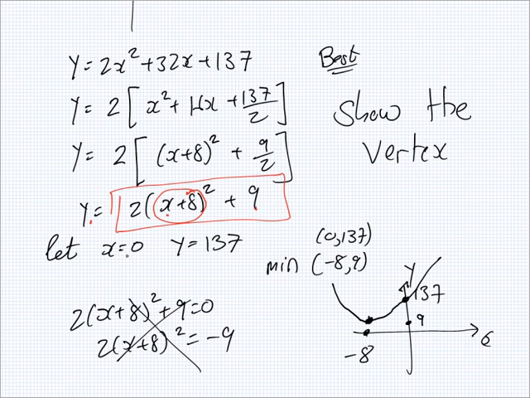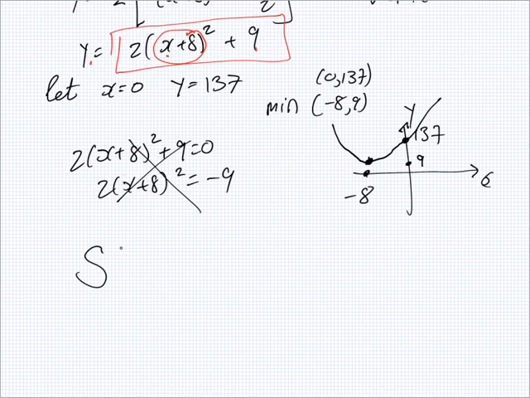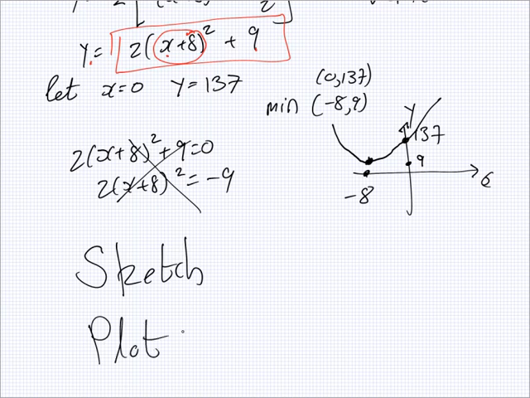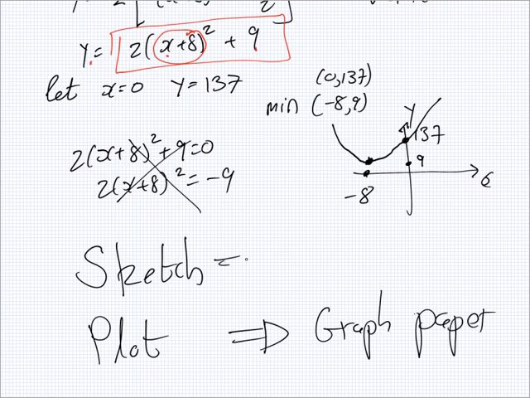If they say sketch, you don't have to use graph paper. I think maybe it's worth just writing down for people who didn't hear it. So the verbs sketch and plot. This one means you have to use graph paper. And this one here means no graph paper.